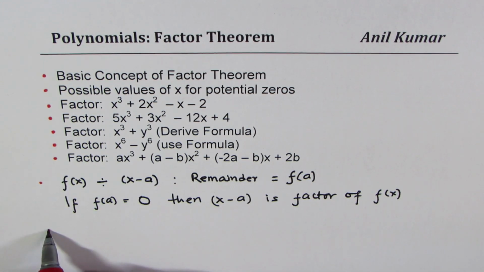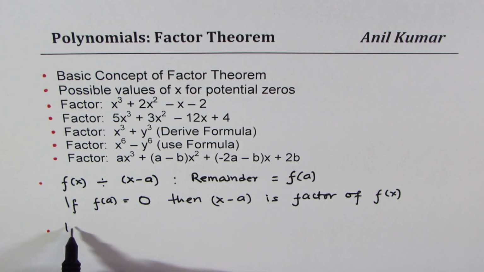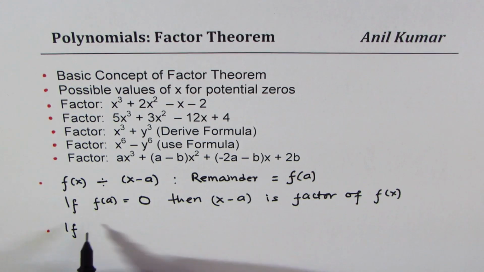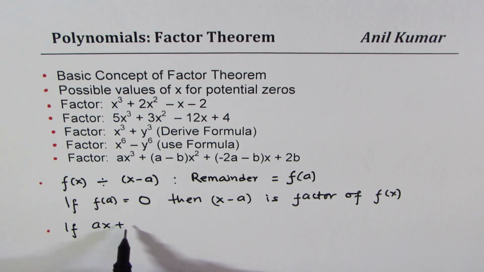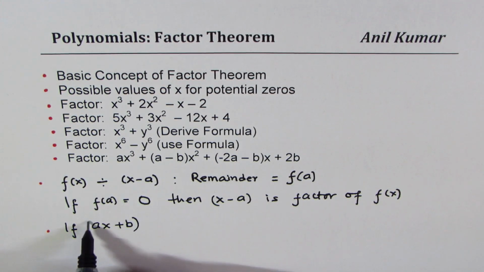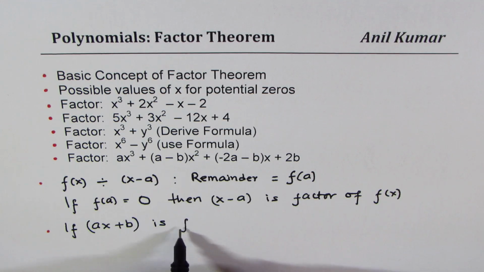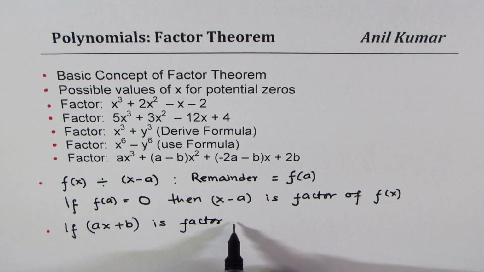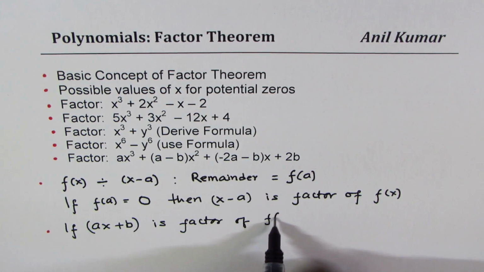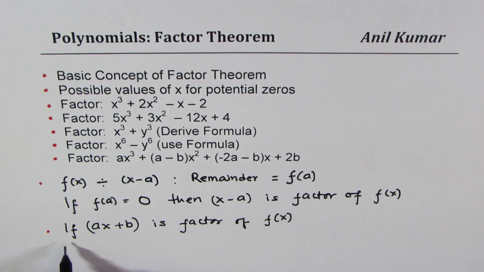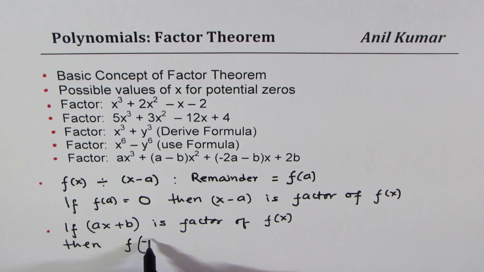Sometimes we generalize it, and we say that if ax plus b is a factor of f of x, then f of the value that makes this 0, minus b over a, should be equal to 0.